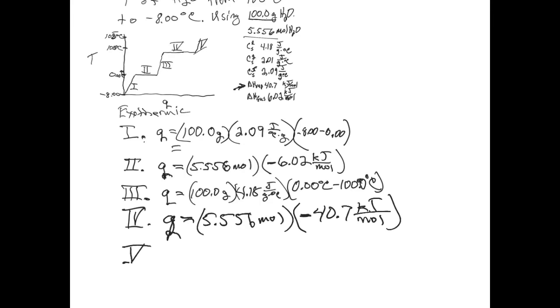And finally, we have our heat and another temperature change. In this case, the temperature change deals with the gas. So I know we have 100 grams of the gas times 2.01 joules per gram per degree Celsius.